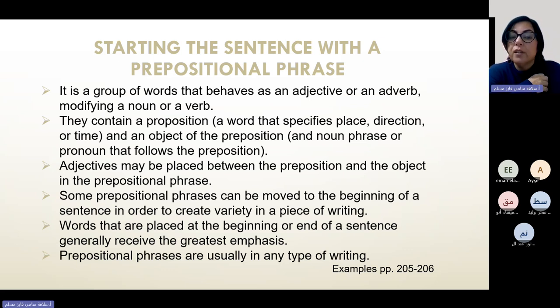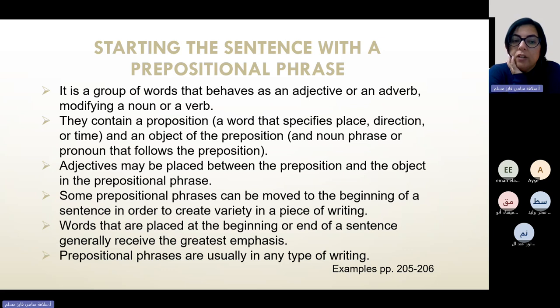Starting a sentence with a prepositional phrase. Okay, that's another way to change or to vary your writing. It is a group of words that behaves as an adjective or an adverb, modifying a noun or a verb. The adjective modifies the noun, the adverb modifies the verb.